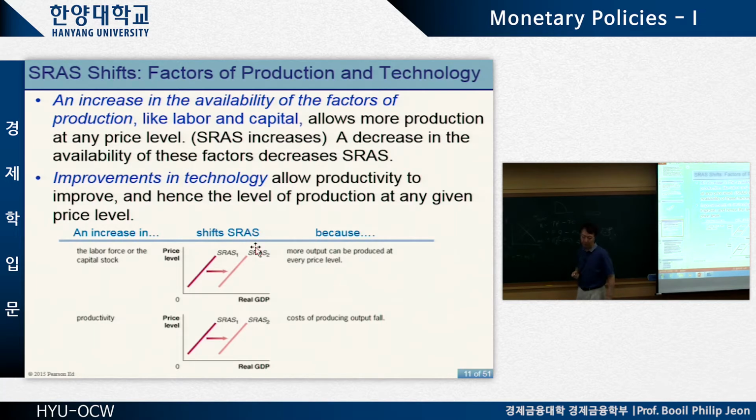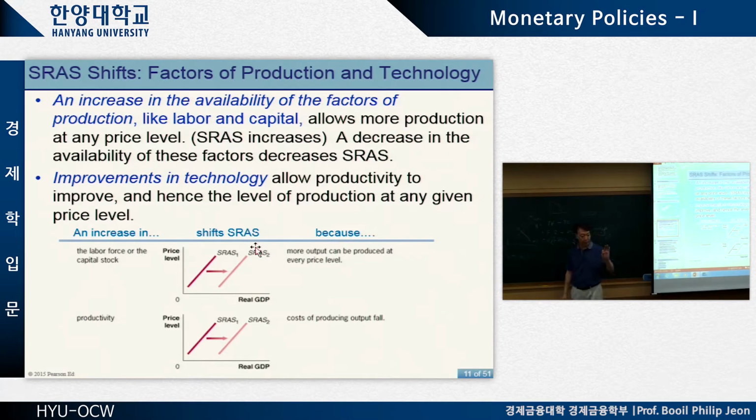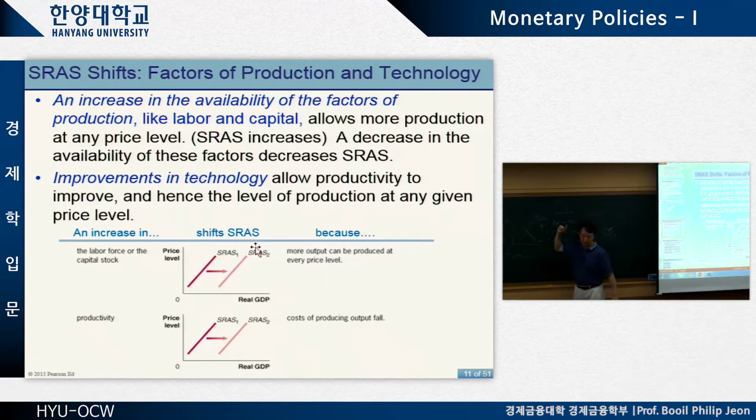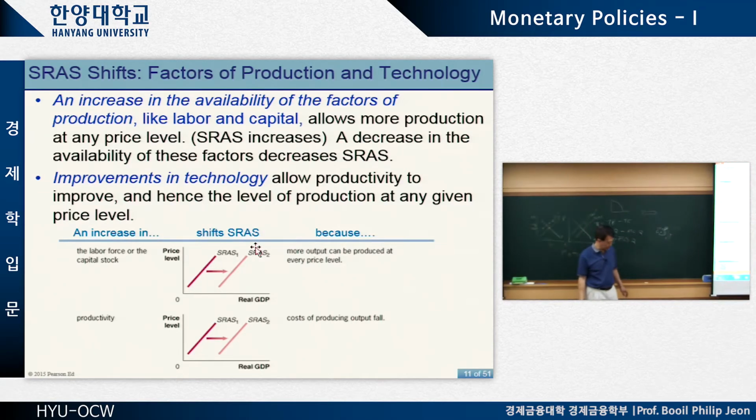That was the maximum possible level of output given a certain amount of resources, and then technology. Those are the two factors that determine this PPF. We have the same idea here. We're talking about total supply of goods and services in the entire economy.